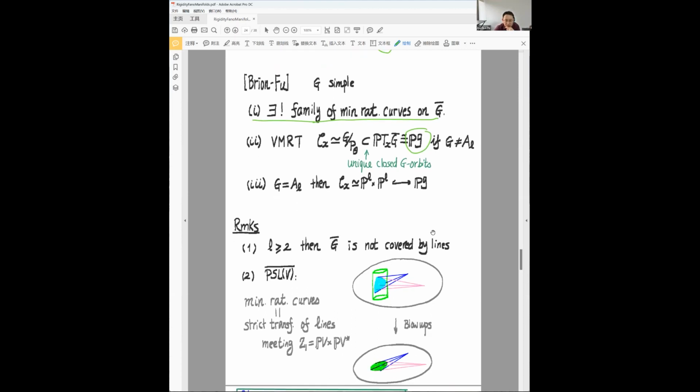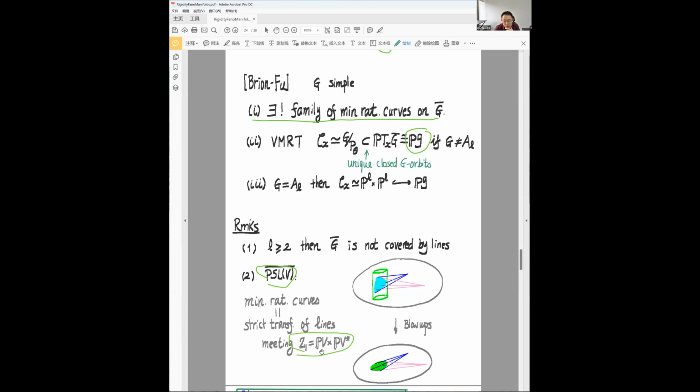And this is just a picture of why this is true. Because for type A, we have seen before, the wonderful compactification is given by successive blow-ups. So you start with blowing up the first stratum.